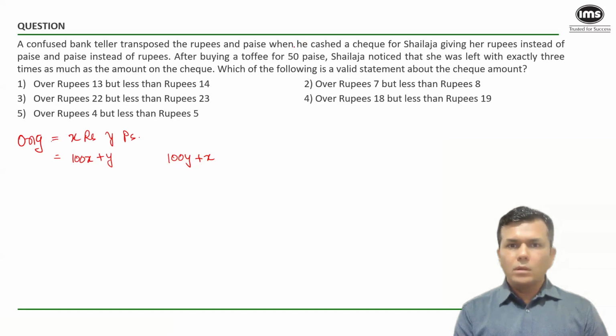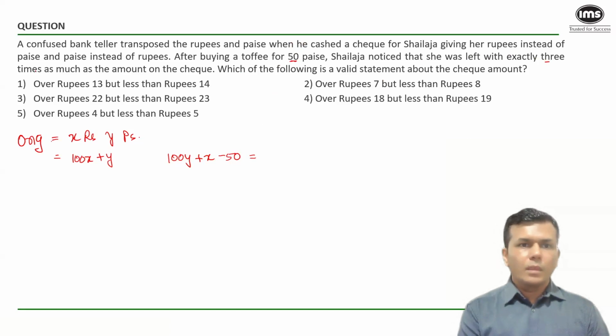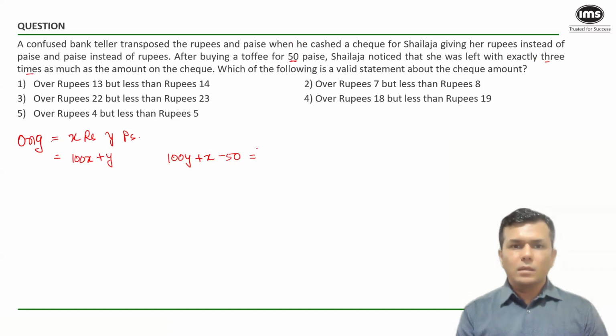Shelja takes this amount. She buys a toffee for 50 paise. So this is what we need to subtract from it. And this is the remaining amount with her. And that is given as exactly 3 times the amount written on the check. So that is equal to 3 times 100x plus Y.